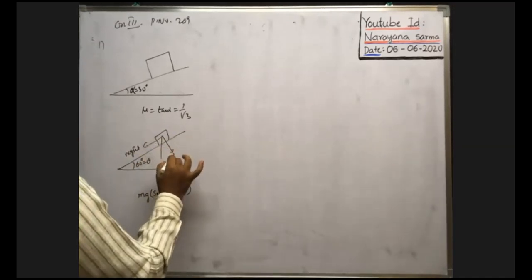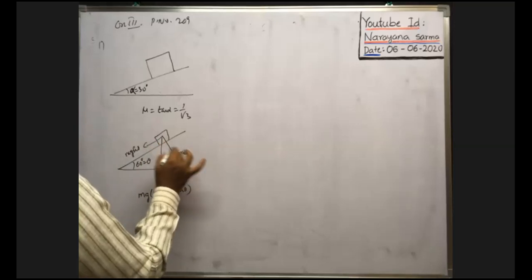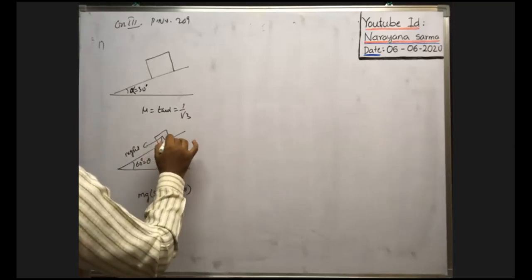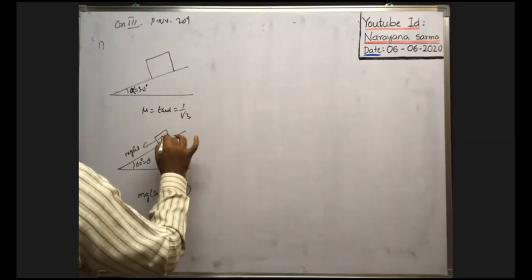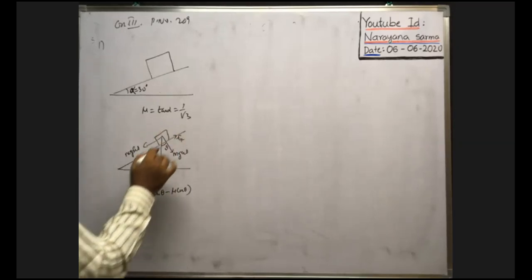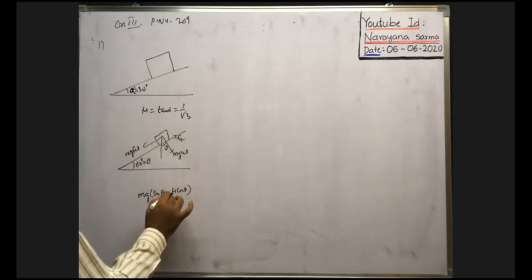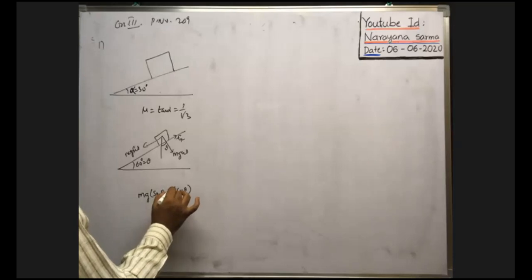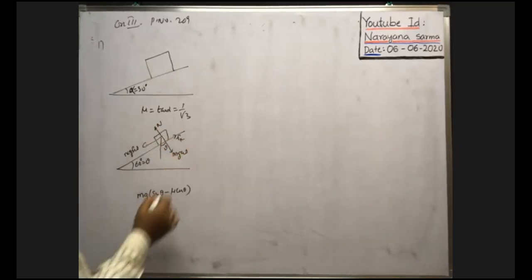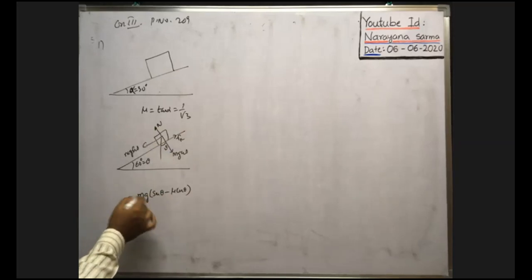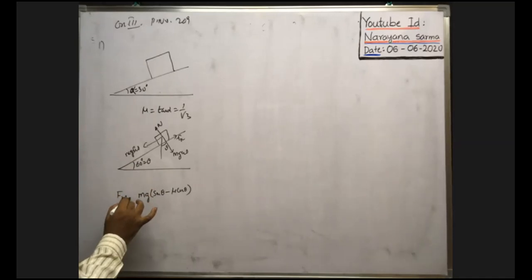The weight component normal to the plane of contact is mg cos theta, and the friction force Fk acts in the opposite direction. So net force is mg sin theta minus Fk, where Fk is mu into normal reaction, and normal reaction is mg cos theta. Taking mg common, it is the resultant force acting on the block in the downward direction.